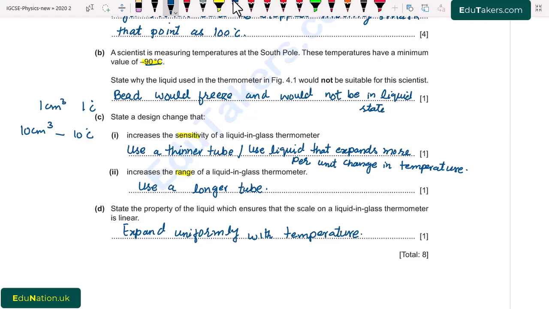It means that first the temperature change is 1 degree C and then I increase to 10 degrees C. Then its expansion also increases and it becomes 10 cubic centimeters.